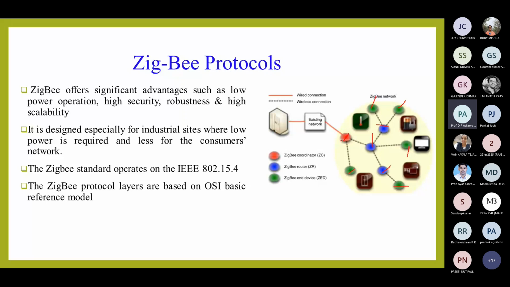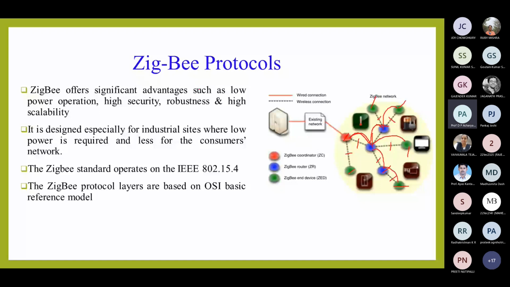The coordinator is something like a master, and the routers simply work as a hopping point. Data is coming from here to here, here to here. This communication is of course wireless. Please understand, all these links are wireless, and here a hop is possible, so we call it a router, and this again hops to this router, then here to here, like this communication happens.